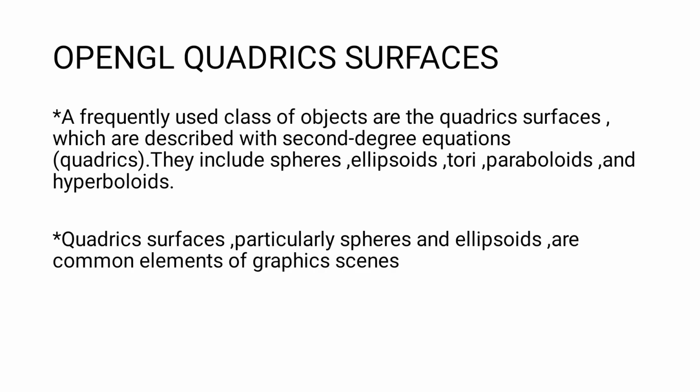Spheres are a spherical surface with radius r centered on the coordinate origin. We can also describe the spherical surface in parametric form with longitude and latitude.